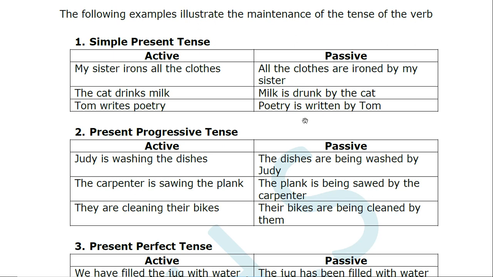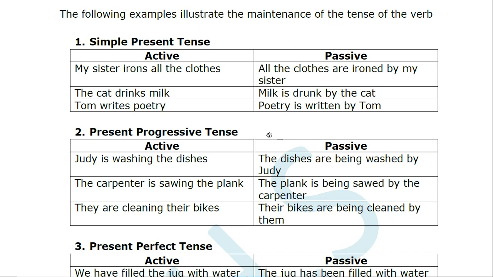Milk is drunk, poetry is written by Tom. So Tom writes poetry, poetry is written by Tom. So in passive voice, generally, you will always have "by" in each sentence, and your action that's being done is changed into the past participle, according to which tense it is. Now, this is simple present tense, so this is the way you will change it.